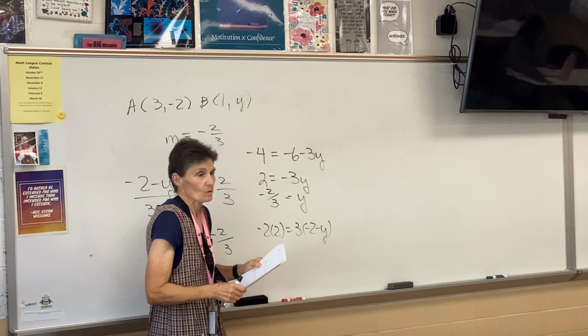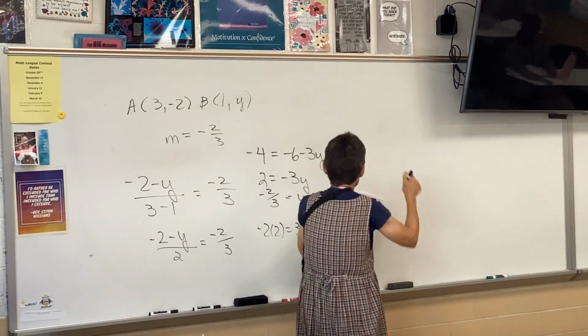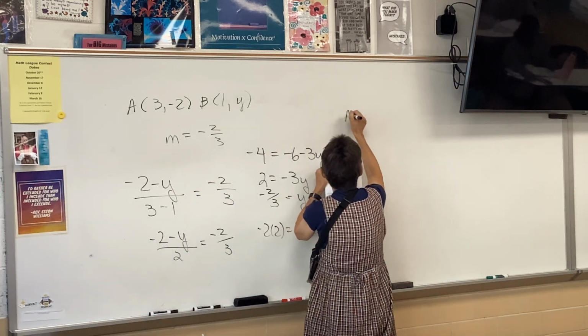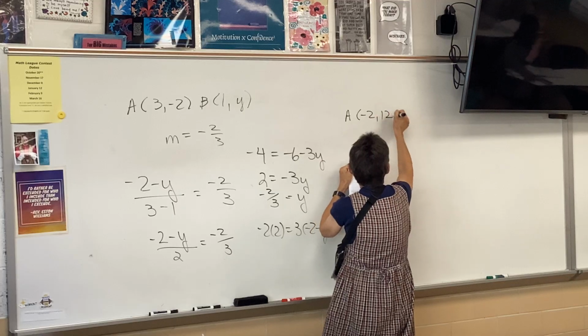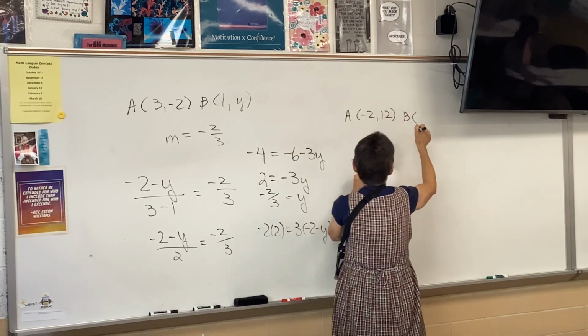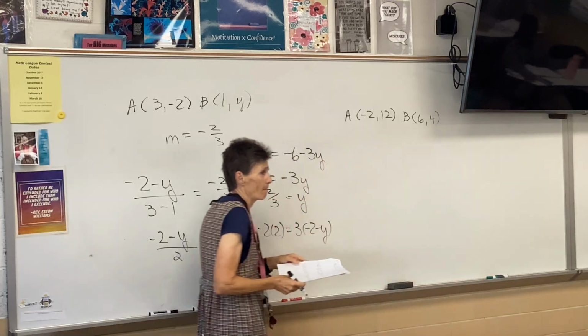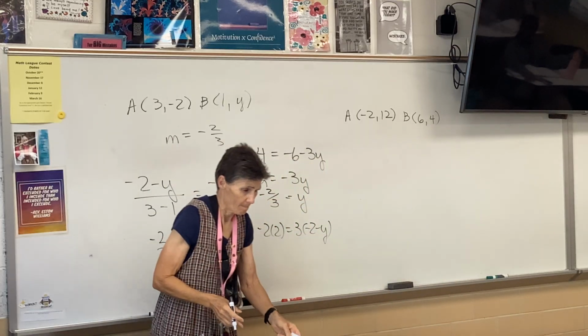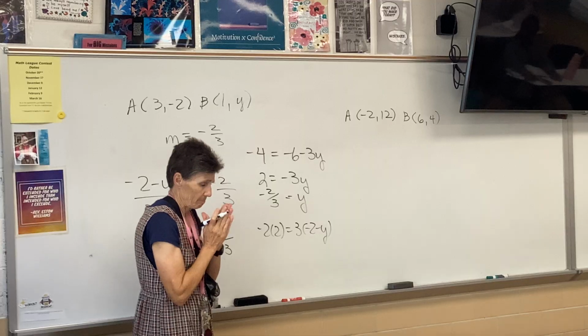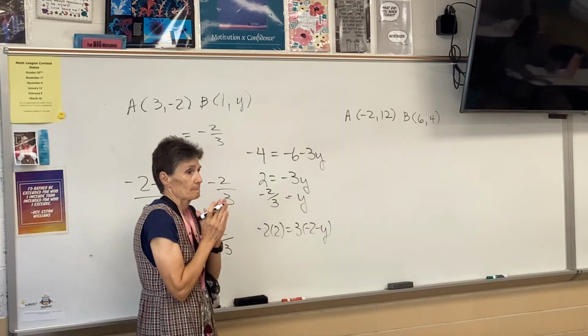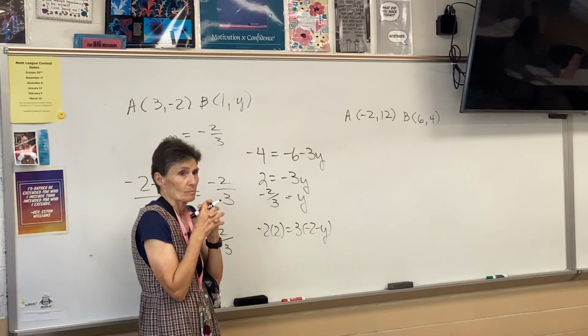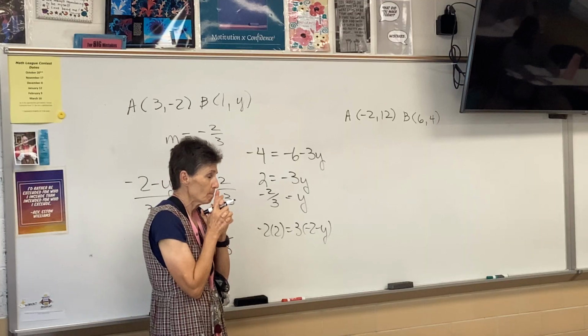All right, so here we go. I got 2 points. I'm doing 3A. I've got 2 points. My job is to write the equation of the line. Dig back in your memory.